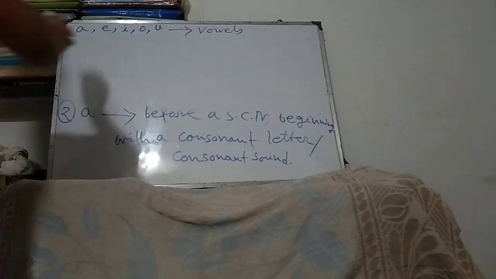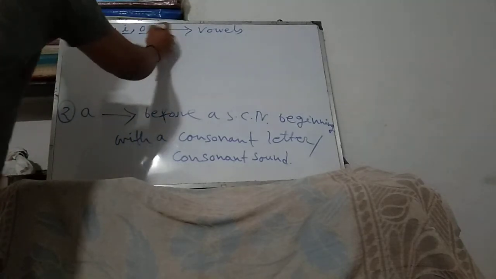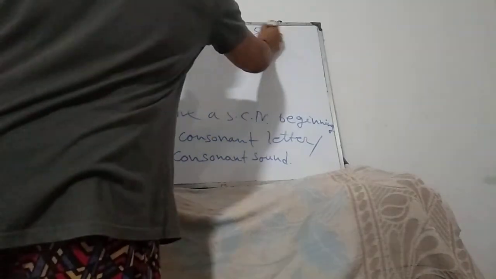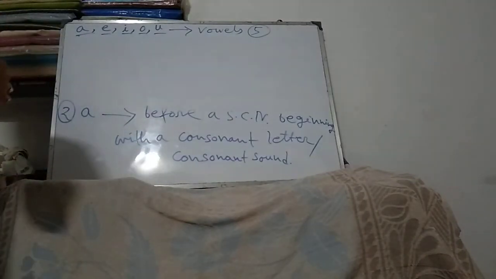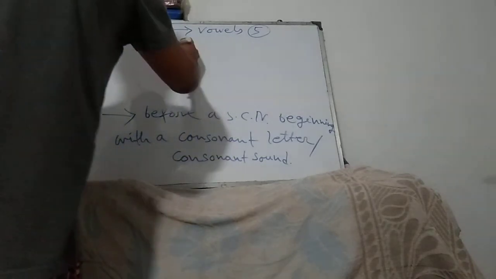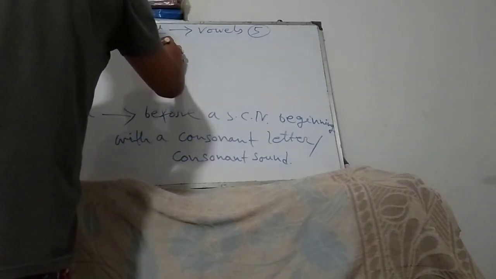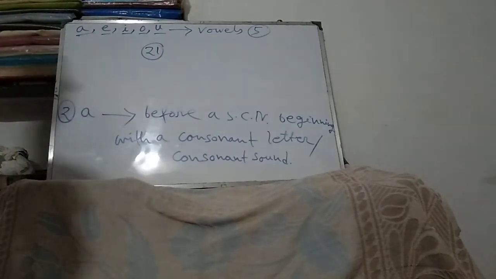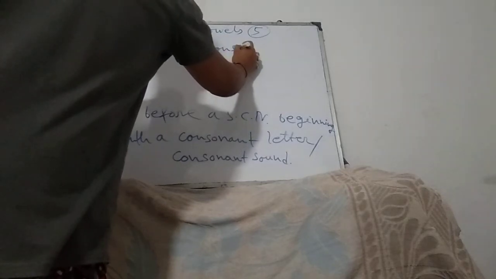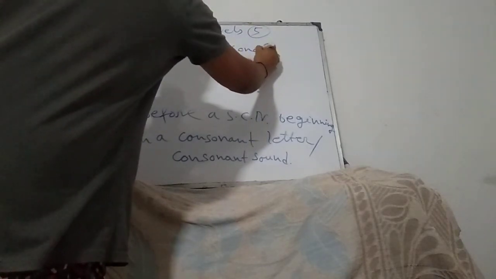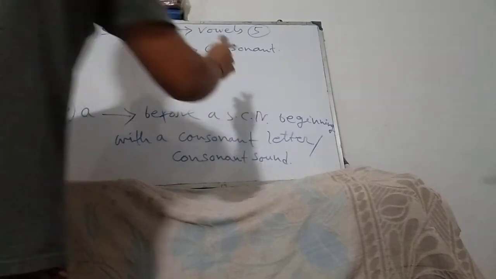These five letters are vowels, and the rest 21 letters, they are consonants.